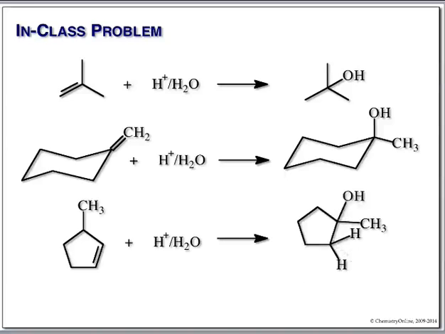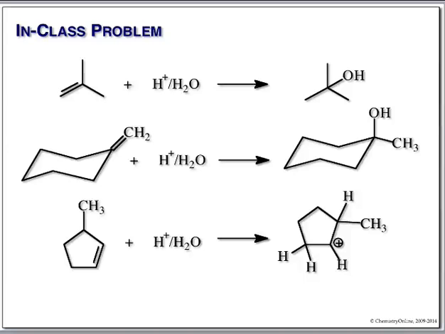Now, we're going to talk more about rearrangements later on. What I want you to simply realize is that whenever we have a carbocation intermediate, we can get this type of rearrangement.